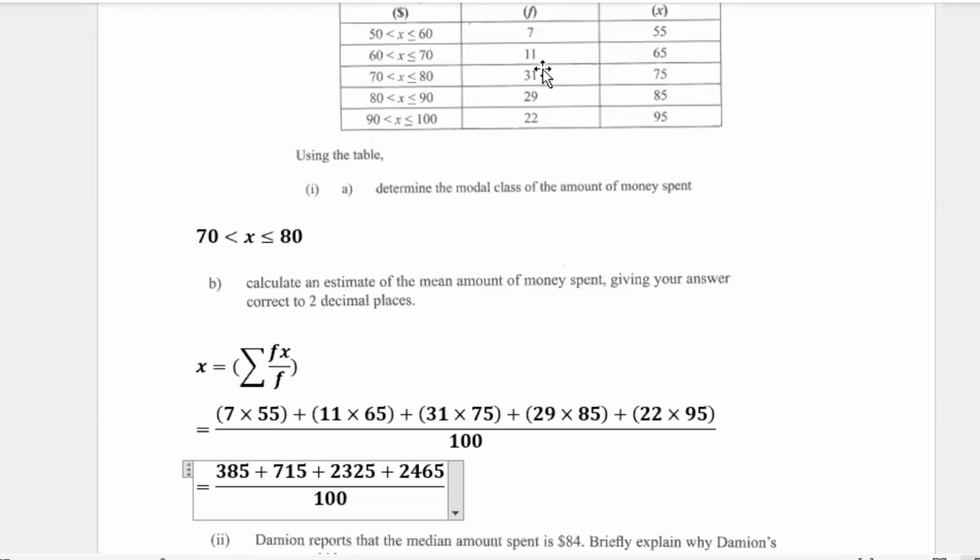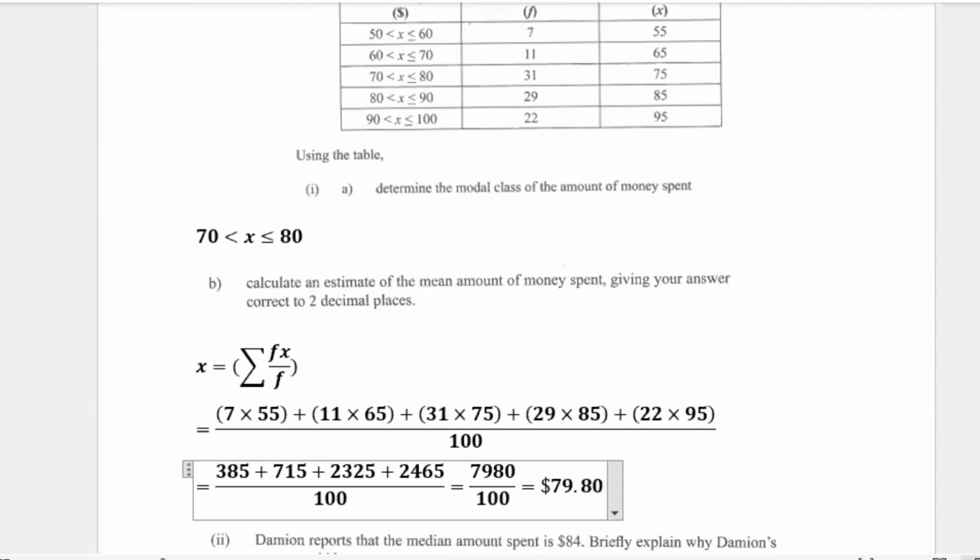79.8. That's what I got. So after you do this, what you'll get here is 7,980 divided by 100, and you'll get $79.80. So this is the mean amount of money that is spent. So remember your dollar sign because we're looking at money. So this is the mean amount of money that was spent.